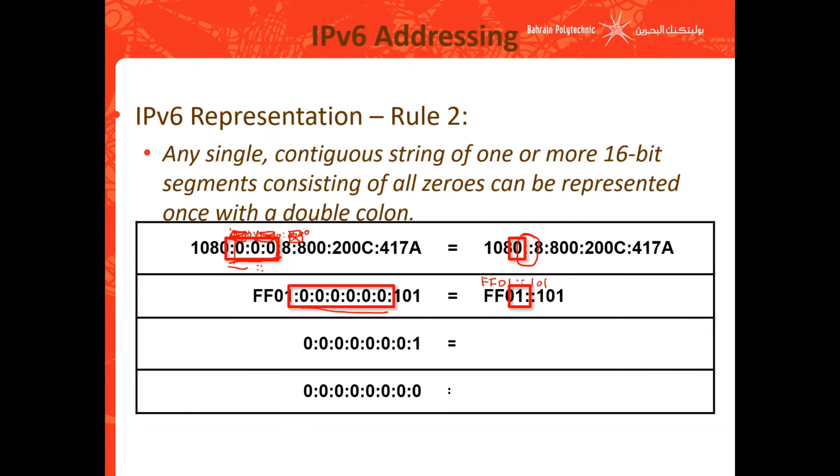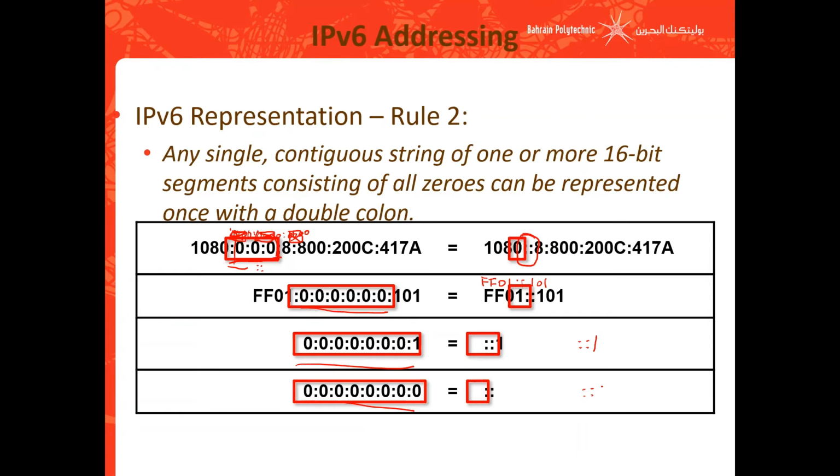For the next one, we have these many continuous zeros, so you would just write it like this: colon, colon, and then 1. And then all of them are 0, no addresses there, so in that case you just write double colon. Okay, so that is rule 2.